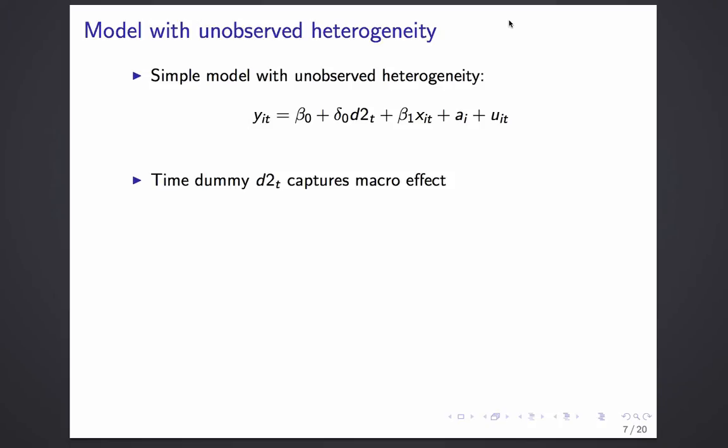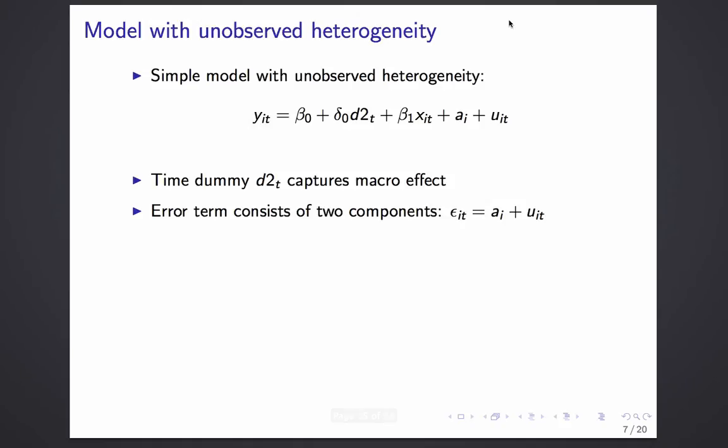Before that, let's just remind ourselves what the time dummy does in our model. So basically, the time dummy captures what you may describe as a macro effect, that is, an aggregate change in y across the two time periods.